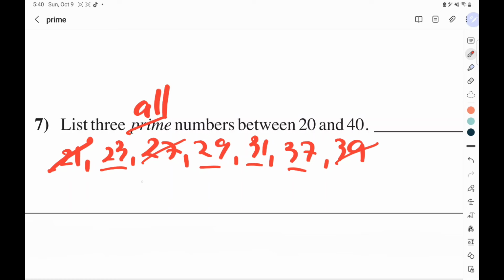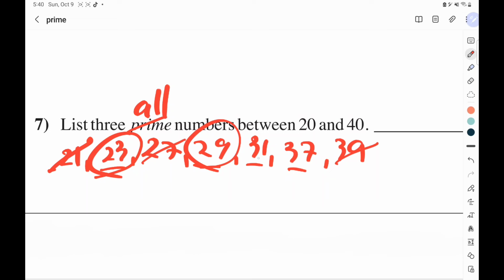23 divided by 7 is 3, remainder 2. So, this is your first prime number. 29 divided by 7 is equal to 4, remainder 1. Right? That makes 29 a prime number. 31 divided by 7 is also 4, remainder 3.